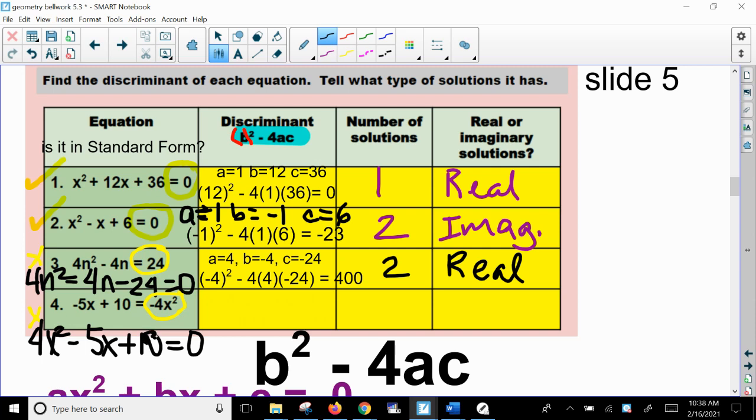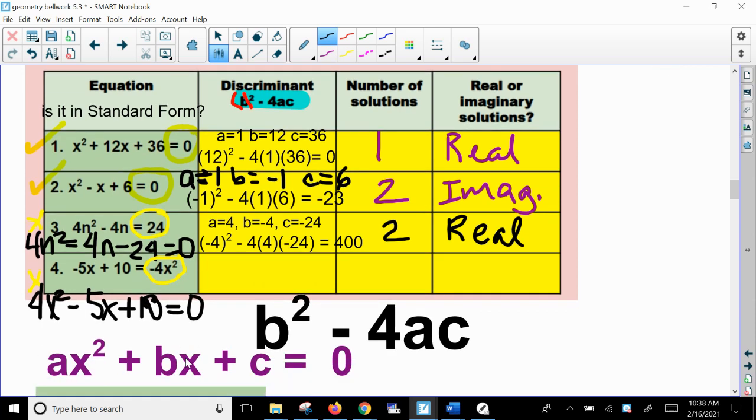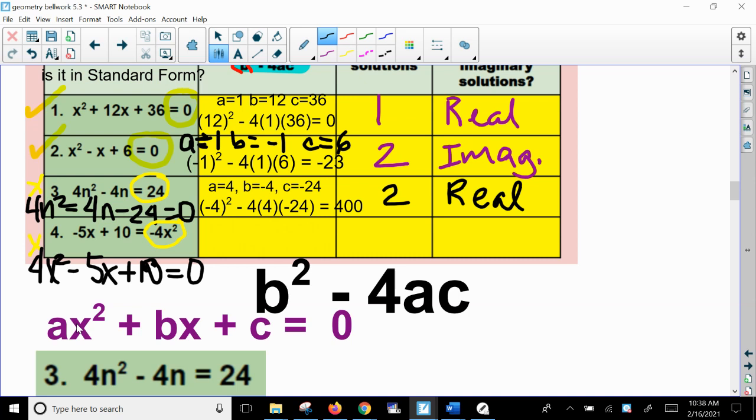When you write your equation in standard form, make sure it is in order. The square term should be first, followed by the x, followed by the c, the number with no x. A is always with the x squared, B is always with the x, and C is the number without an x. So your A is 4, B is negative 5, and C is 10, and I will not compute that one for you. I'll let you do that one on your own.